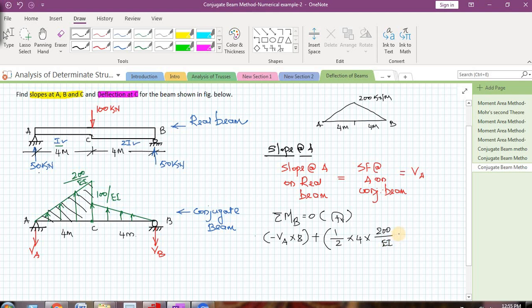Since we are taking moment, you also need to multiply it by the CG distance. So the CG of this load acts somewhere here. So this distance is actually 1/3 of 4, but you would want the distance up to point B, so you should write it as 1/3 of 4 plus 4.